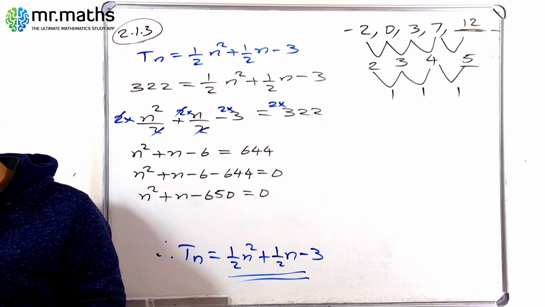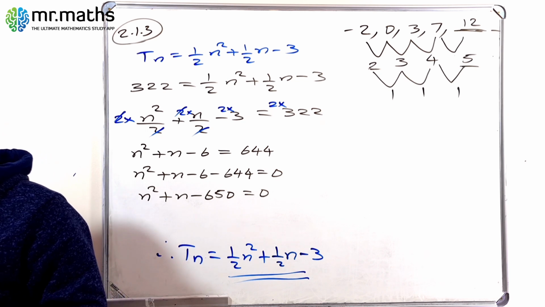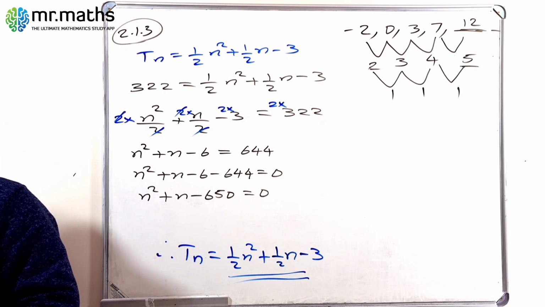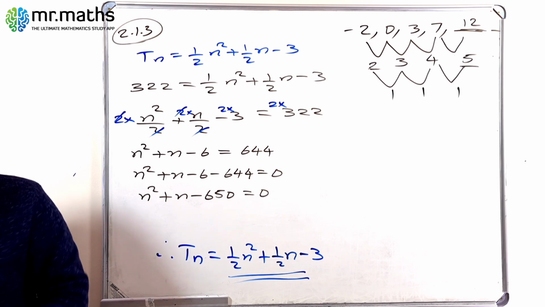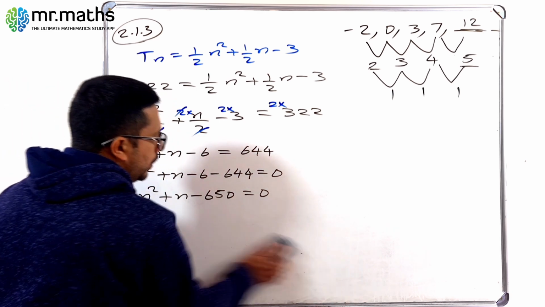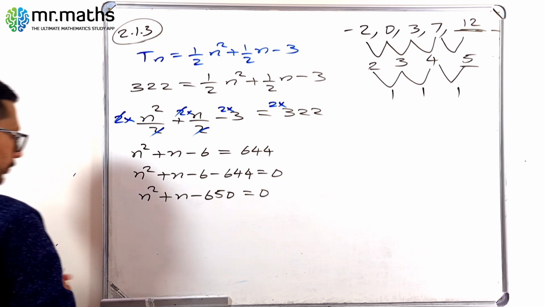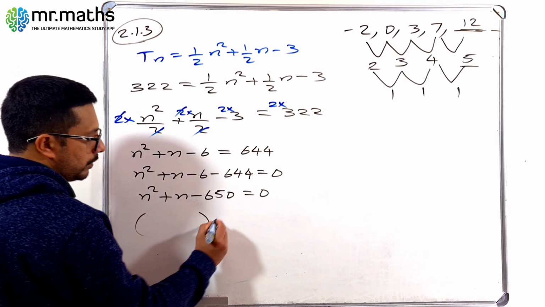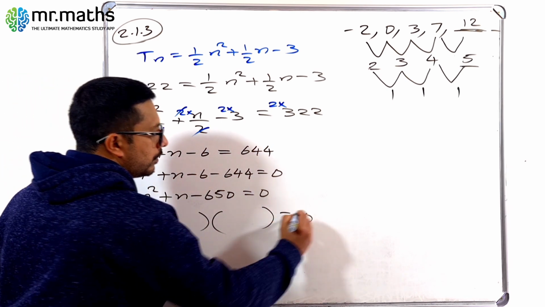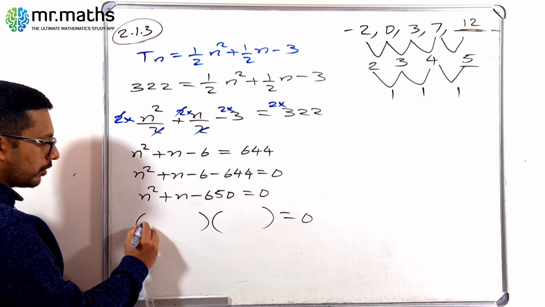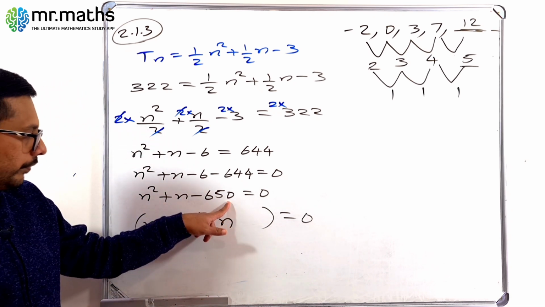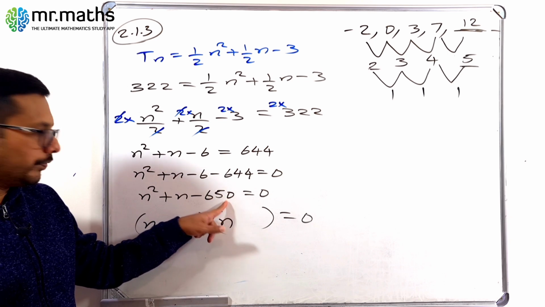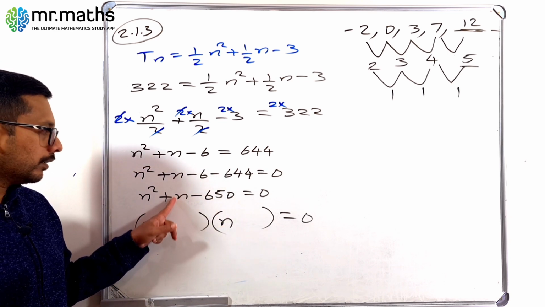Now we have to factorize this one. How can you factorize this one, you have to write it like this. It's n square, so you can write n. Now 650, product is 650 and sum is 1.